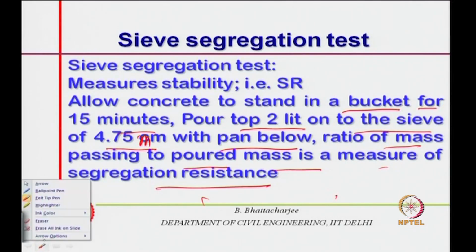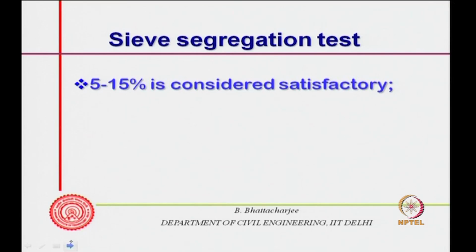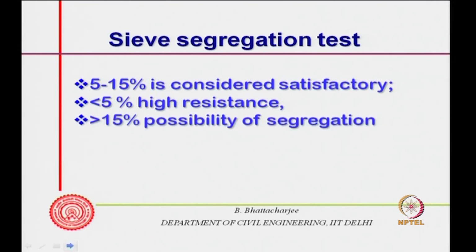So, one can relate this to the segregation resistance. 5 to 15% is considered satisfactory. Less than 5% is high resistance to segregation, because nothing is passing, and more than 50% is a possibility of segregation.